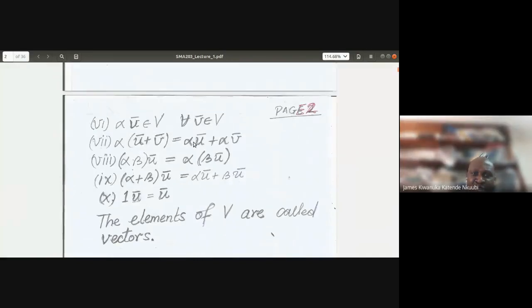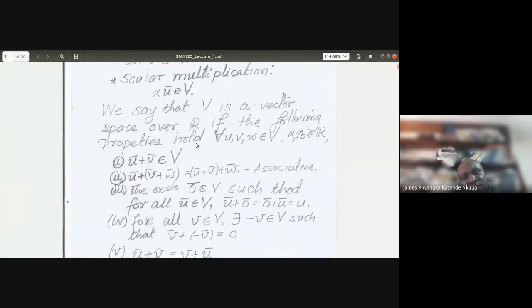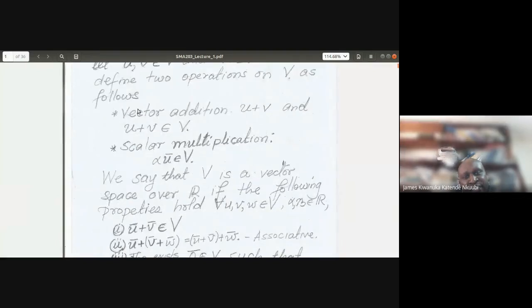So anytime you're given a set, these two operations will have to be defined, the vector addition and the scalar multiplication. Then you have to go through all these, I think there are 10 properties, and check that the 10 properties are true before you can conclude that that set is a vector space.